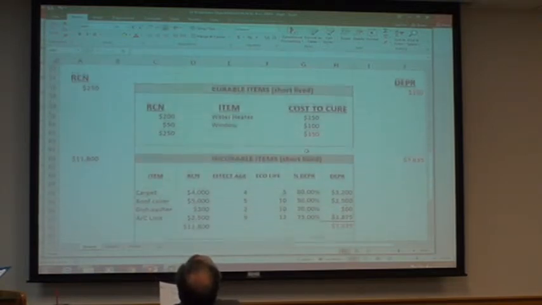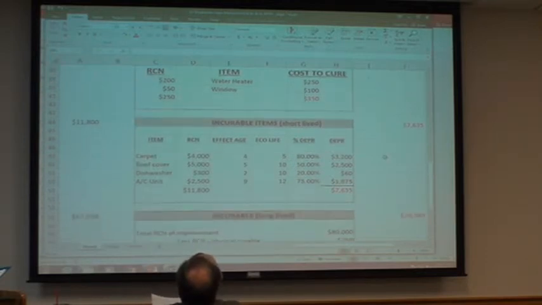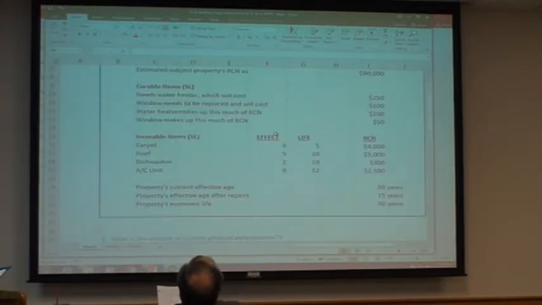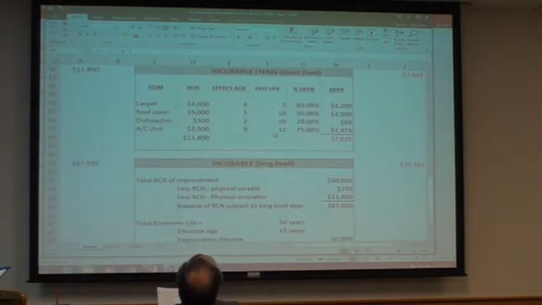We come down here and we got a cost to cure of $350 of curable short-lived items. We came down to the incurable short-lived items. We came up with $76.35: 80% on the carpet, 50% on the roof, 20% on the dishwasher, 75% on the AC unit, total $76.35. We took our RCN originally, what was it? 80,000, took off the 250 and 11.8.